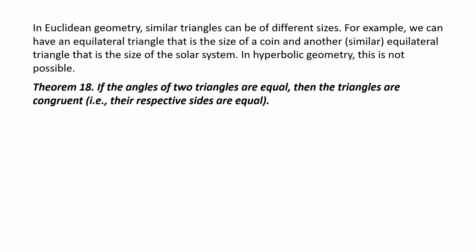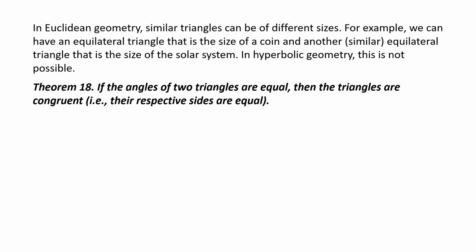In Euclidean geometry, similar triangles can be of much different sizes. We could have one equilateral triangle, for example, that's the size of a coin, and another equilateral triangle that's the size of the solar system. In hyperbolic geometry, this isn't possible.